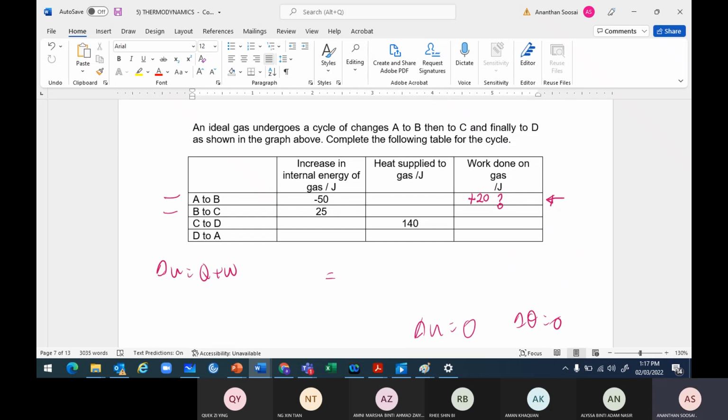Okay, come on, I give you 2 minutes. Can you fill up all the numbers? After filling up this positive 20, what can you fill up next? You can fill up the heat, right? What is the heat supplied to the gas? Use the first law of thermodynamics.